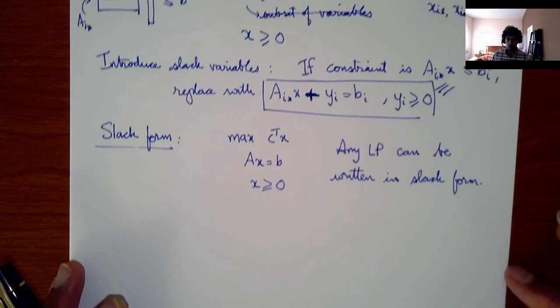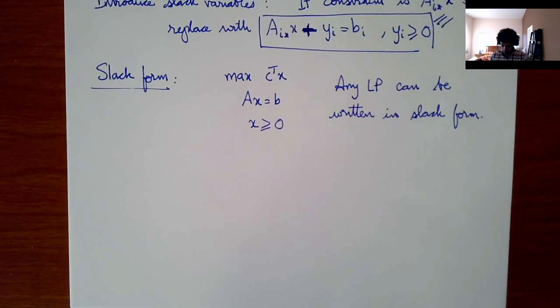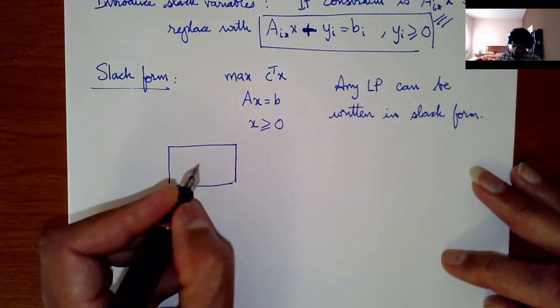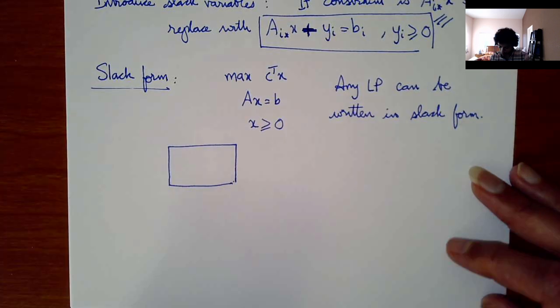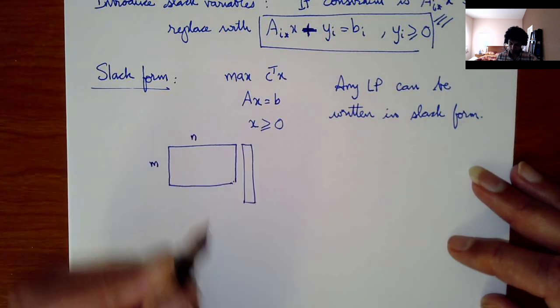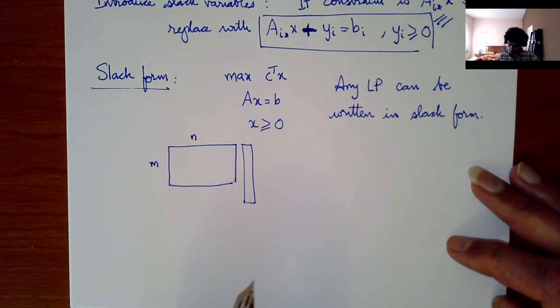So I'm going to make a few assumptions here. Let me just get some notation straight. This is my matrix A, and it'll be an m cross n matrix.